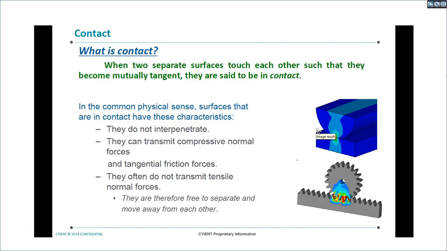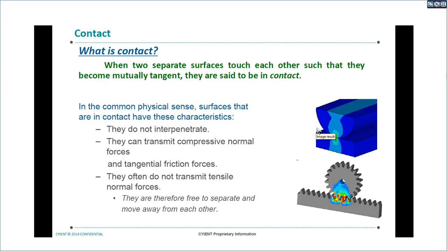Suppose let us assume they are not in contact, so they are integral, both are integral. Then when you try to move this way, it will generate tensile force, but they are not integral. Okay, they are in contact. So what will happen when there is a load like this? They are free to move away because nothing is restricting them. So in contact, generally we can see only compressive stresses.